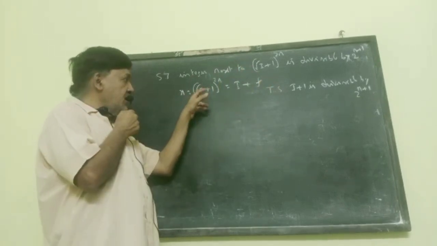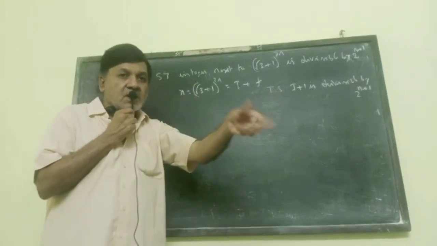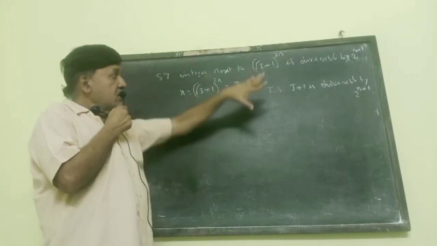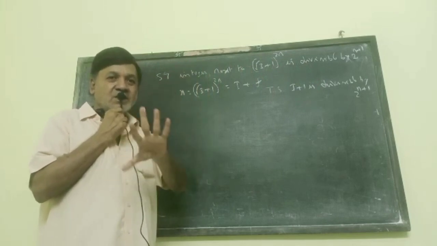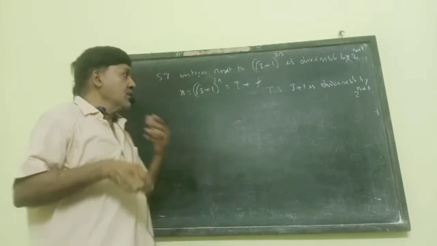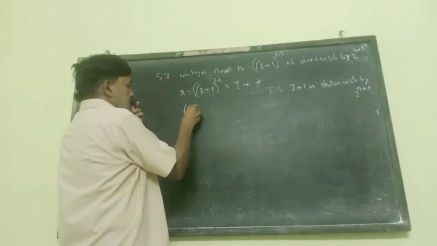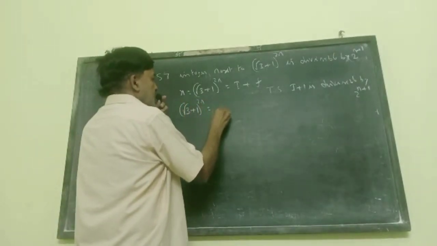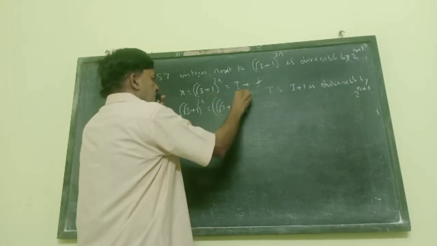See, this value is, let us say for some value of n, some 2.4 like that. 2 is this, 4 is this. The integer next to that is what? 3, not 2. I think we are following the point. So, I plus 1 divisible by 2 power n plus 1. So now, first you consider root 3 plus 1 whole power 2n is equal to root 3 plus 1 whole square whole power n.